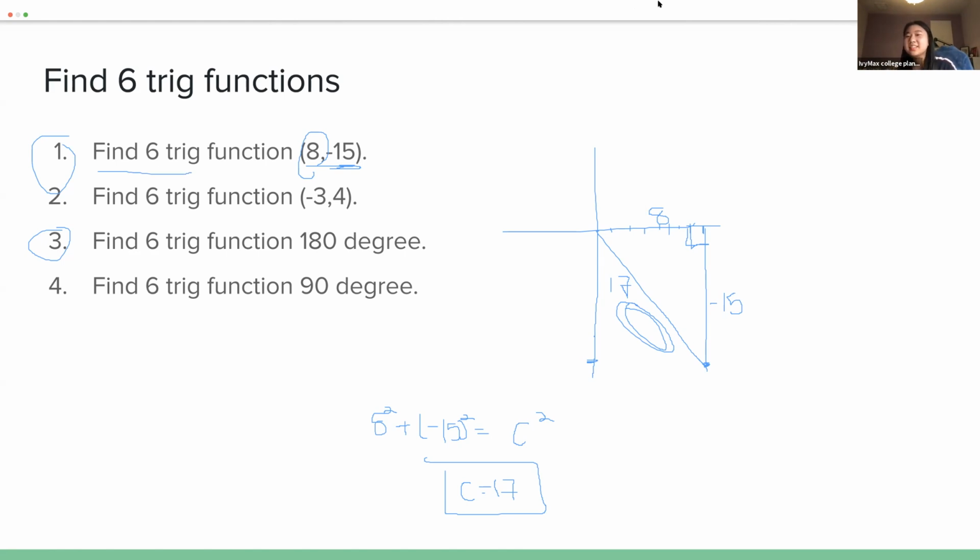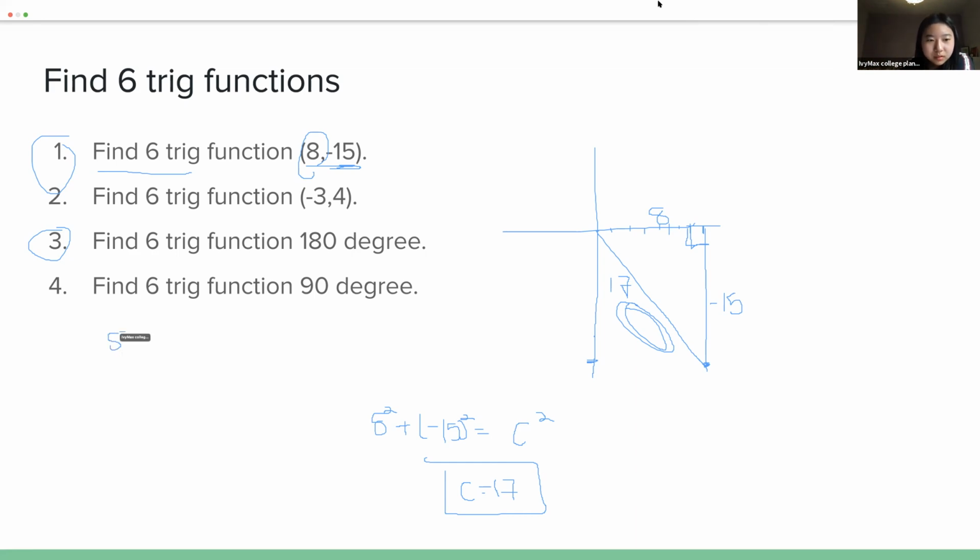Right now I'm just going to do sine, cosine, and tangent, since for secant, cosecant, and cotangent, you just take the reciprocals and you should be okay.